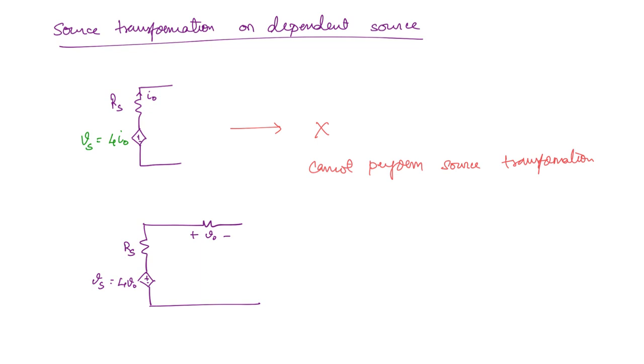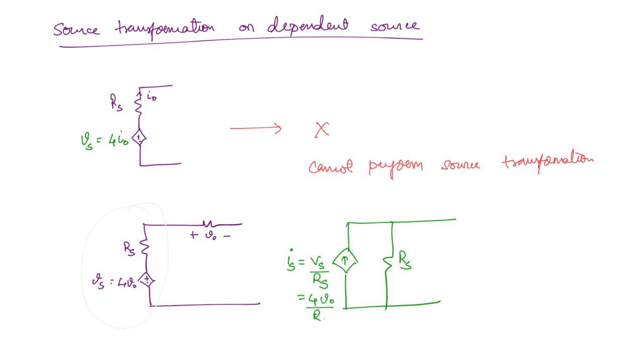We can replace this with a current source in parallel with a resistance. What will be the current value here? The resistance stays as it is, and the current source is going to be equal to Vs by Rs, that means 4 V0 by Rs.